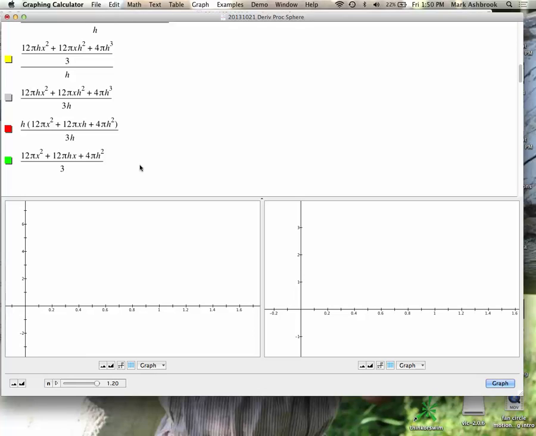So we want h to be very, very small, and our problem is when h is in the denominator. Making h so small is like making it 0. When we get that h out of the denominator, we can say what this will be when h gets very, very small.